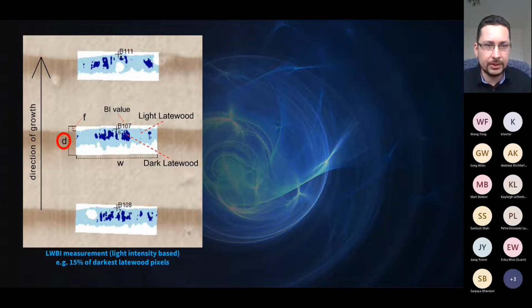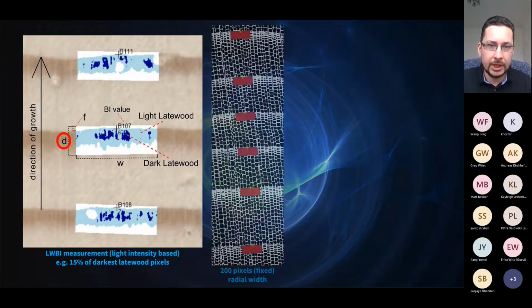I wanted to point out one parameter. If we use, for example, CooRecorder to measure the blue intensity value, then the software is set up to use the color or brightness, the light intensity values, to find the darkest part of the ring. So that works very well.